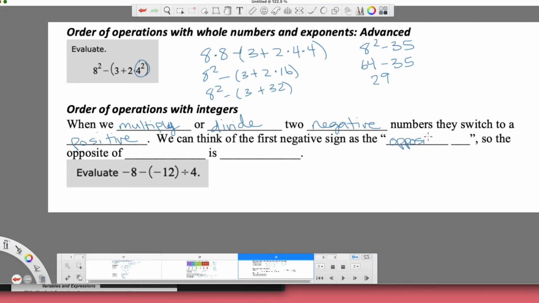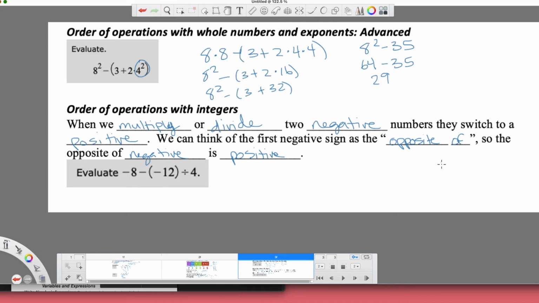And that's actually really what negative is telling us. It's the opposite of something. So the opposite of negative is positive. So if I'm taking a negative of a negative, well, the opposite of a negative is a positive. That's why it switches signs. Because it's really asking us, what is the opposite of this number?